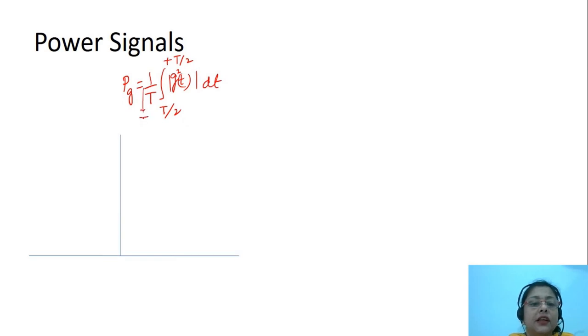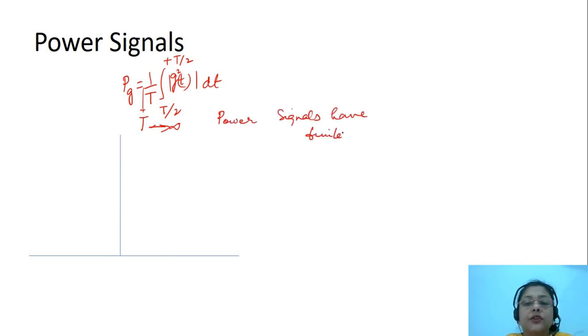Now all bounded periodic signals are power signals because their power is finite and energy is infinite. So power signals have finite power and infinite energy.